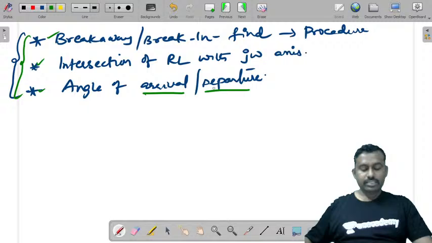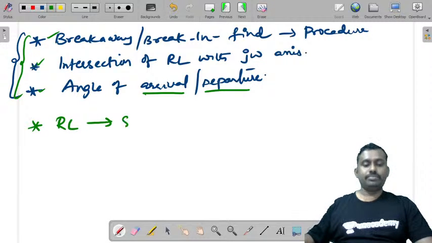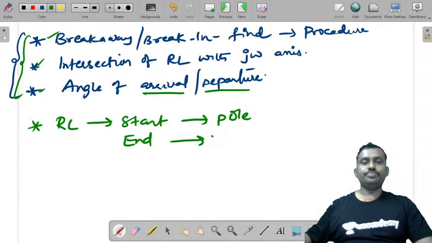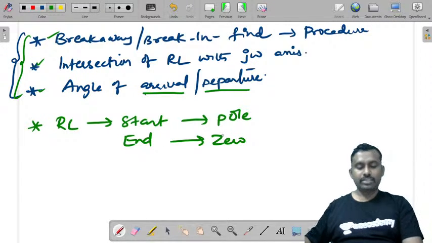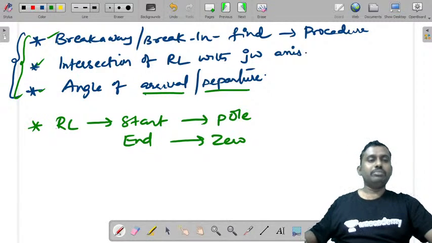Before we start this root locus, I would like to tell you some points once again. Root locus will always start at a pole and end at a zero. The root locus path will start at a pole and end at a zero. You always have to remember this.